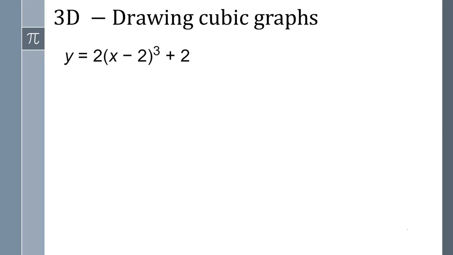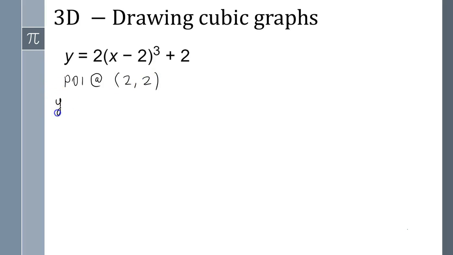When we're looking at our power function form, we're still going to be finding the same kind of points. They're just going to vary a little in how we do them. We'll start with point of inflection because that's the easiest one to get. So point of inflection is at (h, k), so 2, 2.